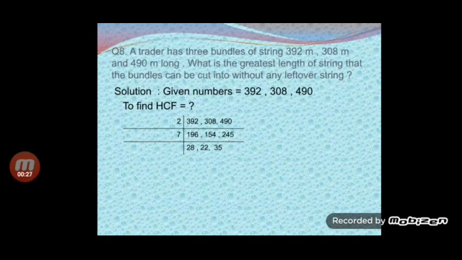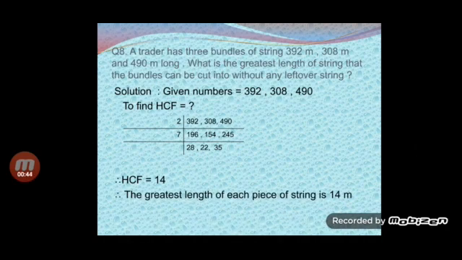Because greatest length is to be found out. Whenever greatest or greater is given in the question, we have to find out the HCF. So after finding out the factors, we get HCF is equal to 14. So the greatest length of each piece of string is 14 meters, so that nothing is left over.